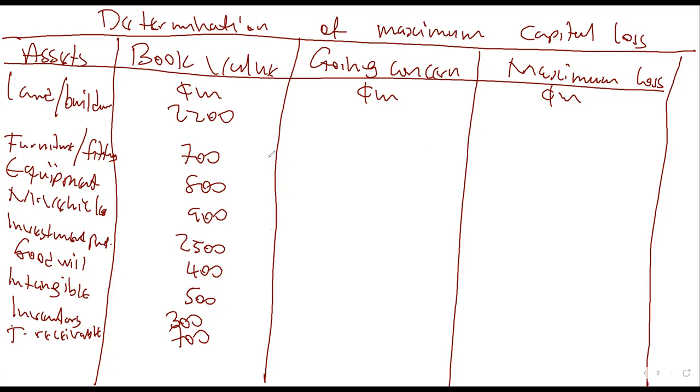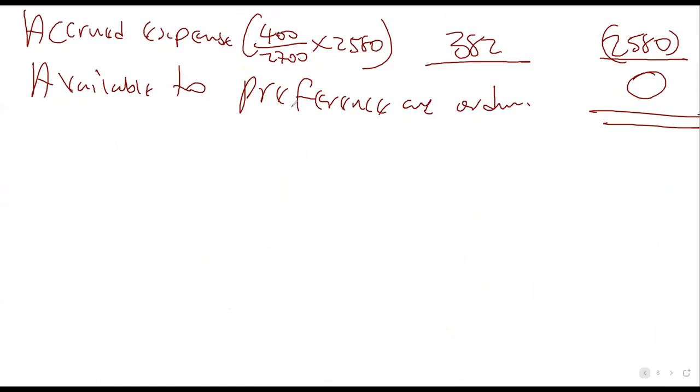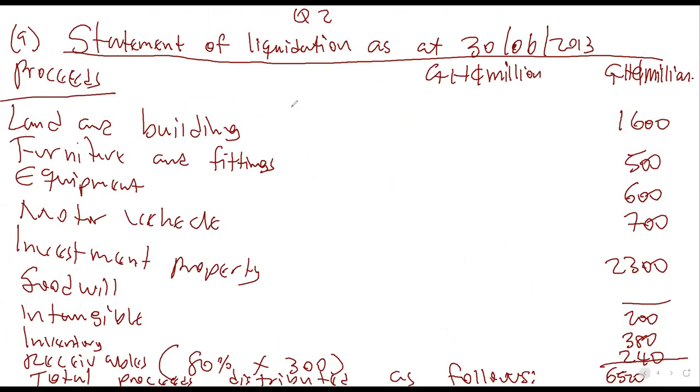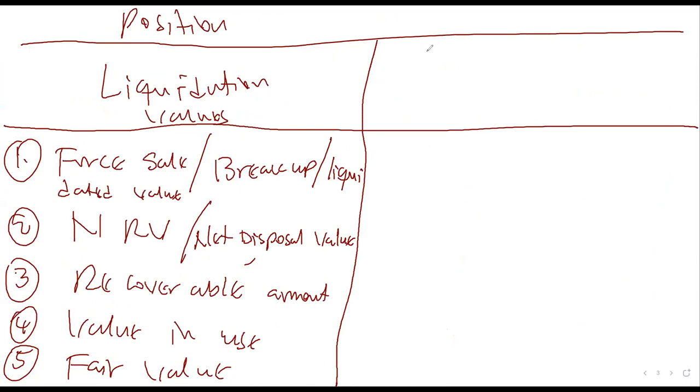Now let's go for going concern figures. The going concern figures are directly opposite liquidation figures. They are in the footnote.